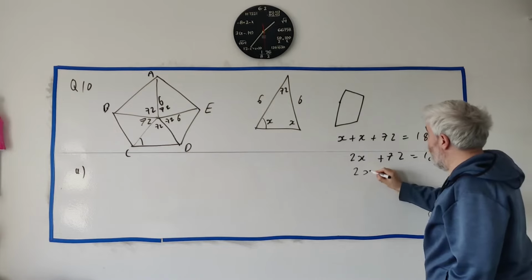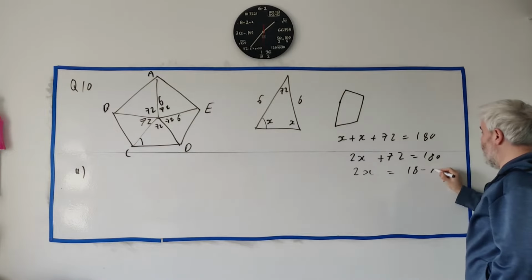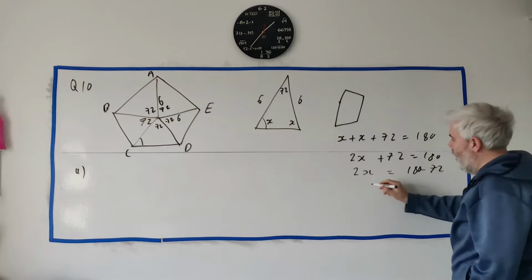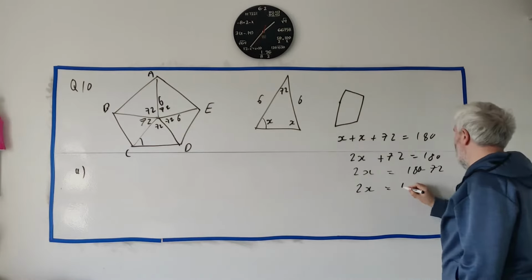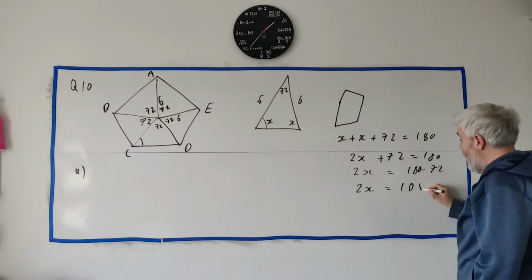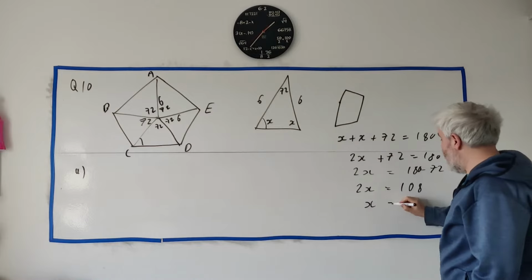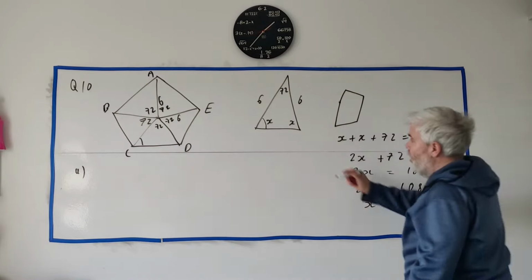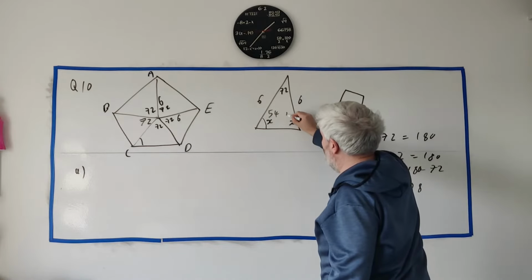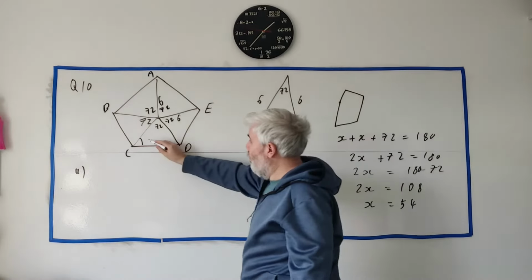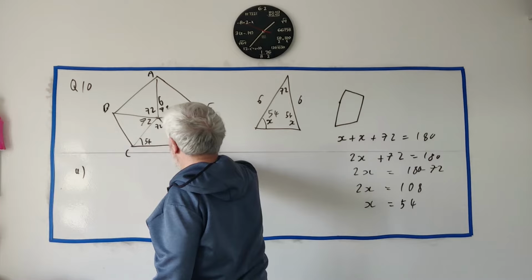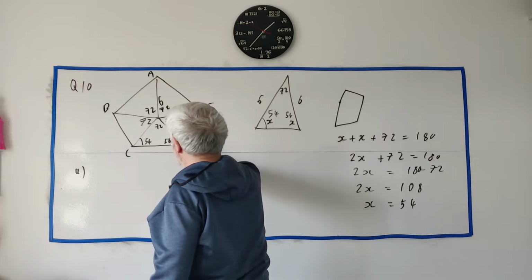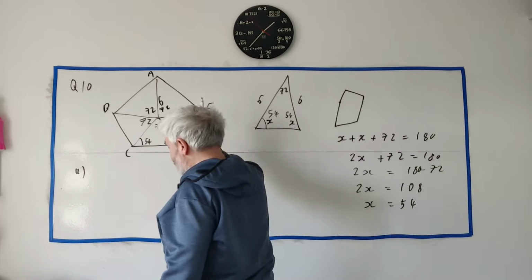Take 72 from both sides: 180 minus 72, so 2x is equal to 108. Divide both sides by 2, so x is equal to 54. So instead of x, we have 54. All of these angles here are 54, 54, and so on, all the way around.